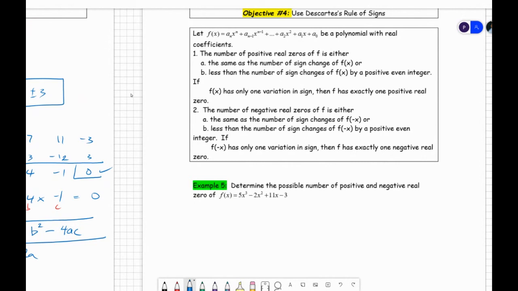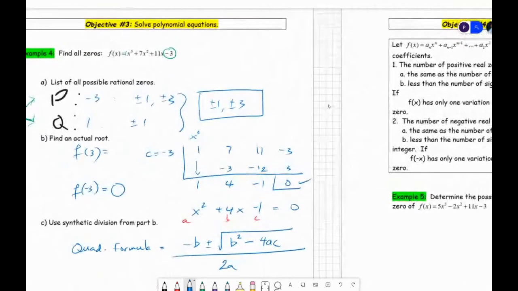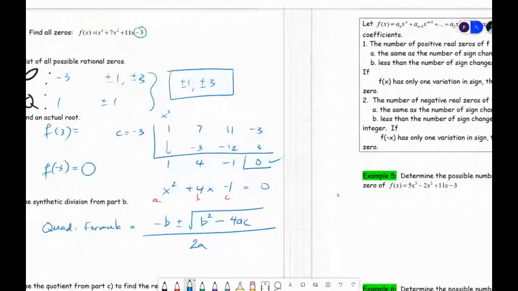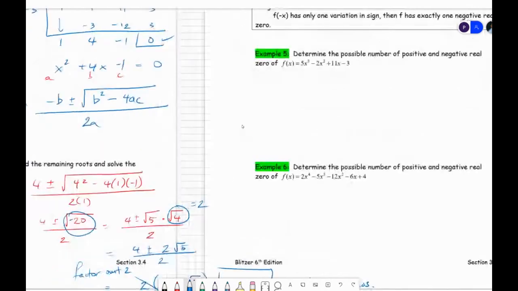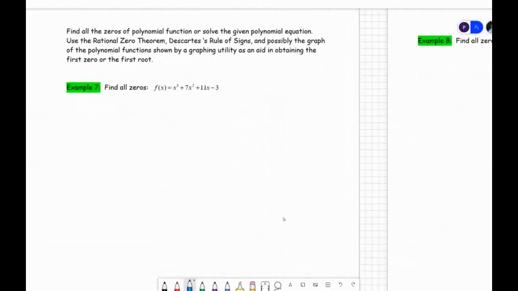It may help you decide which one. Here, we only have 4 of them, so it's not hard to check all 4 quickly like this. But let's say you have something more complicated with like 30 possible zeros, then the rule of signs will help a little bit. But of course, you can do all problems without needing the rule of signs.